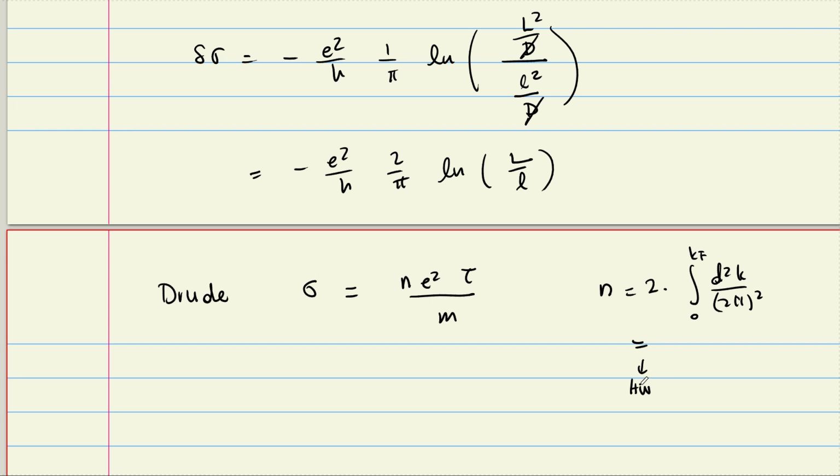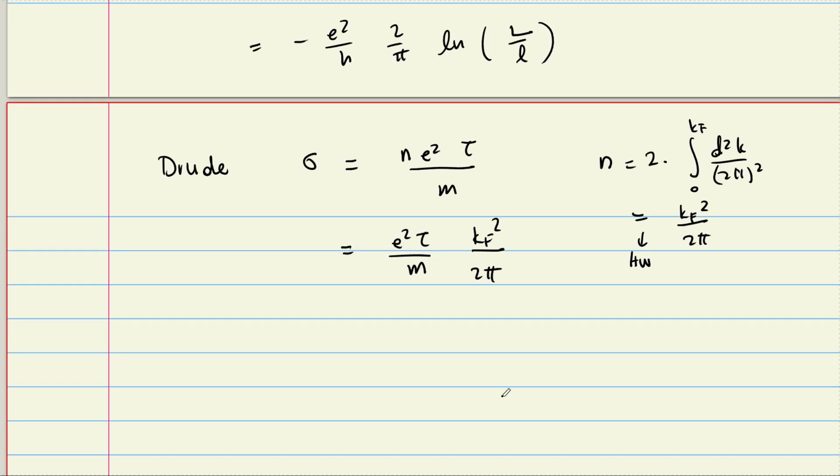It's a trivial thing you probably did in 409, and it's going to give you k Fermi squared over 2 pi. Then I plug this in here, so this is E squared tau over m, and this is k Fermi squared over 2 pi. So this is the density.